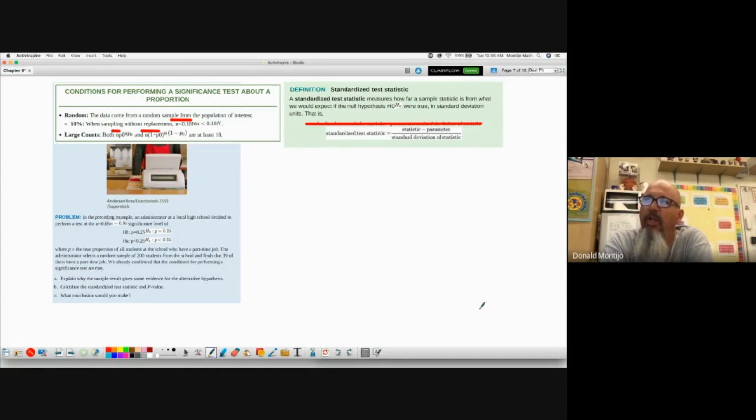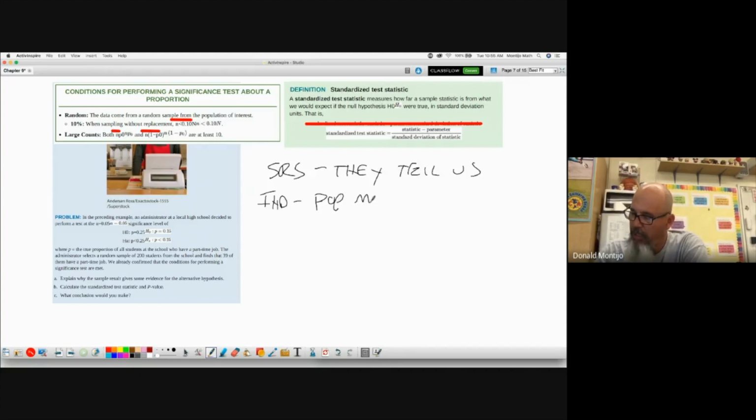Now, here we're going to look at the conditions for a categorical problem or conditions for P. If it's a proportion, what are the conditions? Well, SRS has to be from a simple random sample. How do we know? They tell us. Then independence. The population must be 10 times the size of the sample.